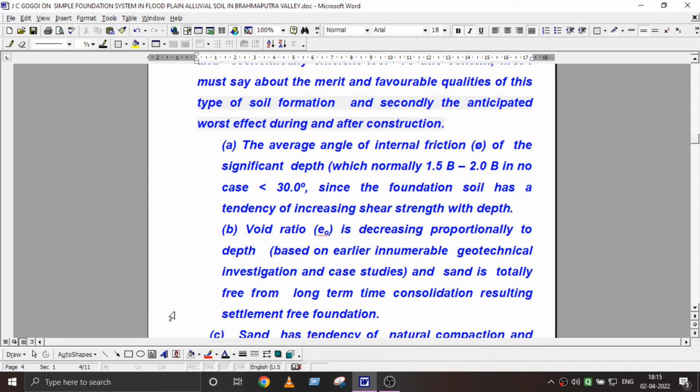In our IS code also, we are not required to calculate the settlement of sandy soil. We know the settlement of sandy soil shall be completed during construction itself.